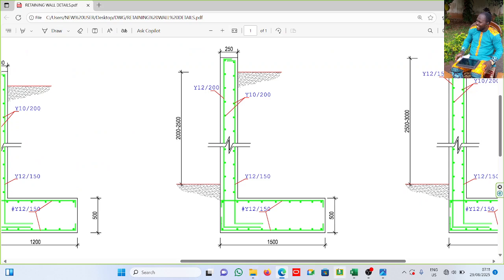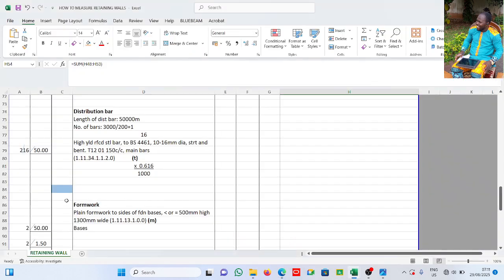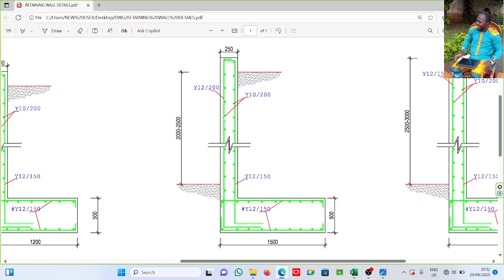Alright, through the 3 meter height of the retaining wall, and they are Y10. So 3,000 divided by 200 plus 1, I have 16 numbers of them. So this is basically what I have. 50 meters by 16 by 2. By 2 means I have one at the back, I have one at the front. This is the drawing. There's one at the back here, and there's another at the front. Right. You cannot cram measurement.